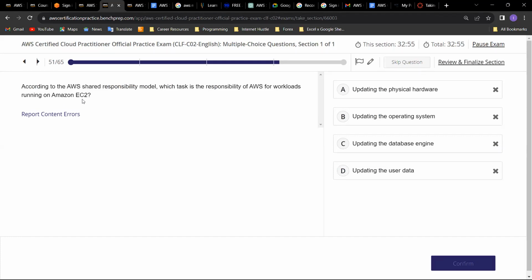So AWS responsibility on running Amazon EC2 workloads. A. Papa says E. Okay, A.